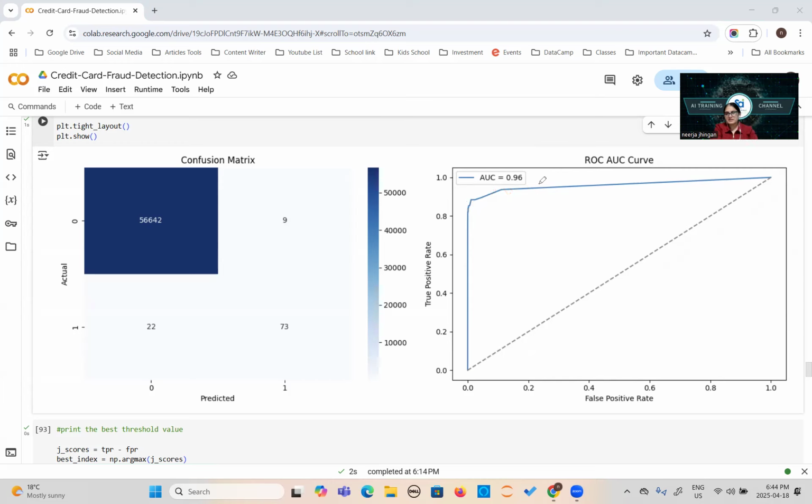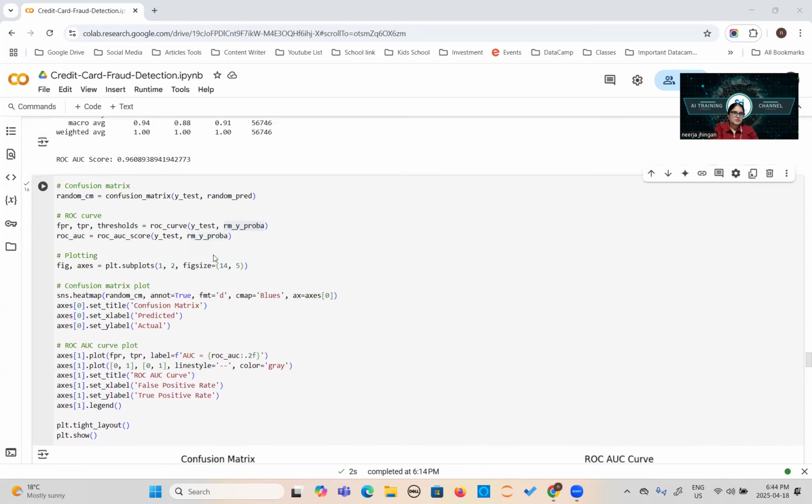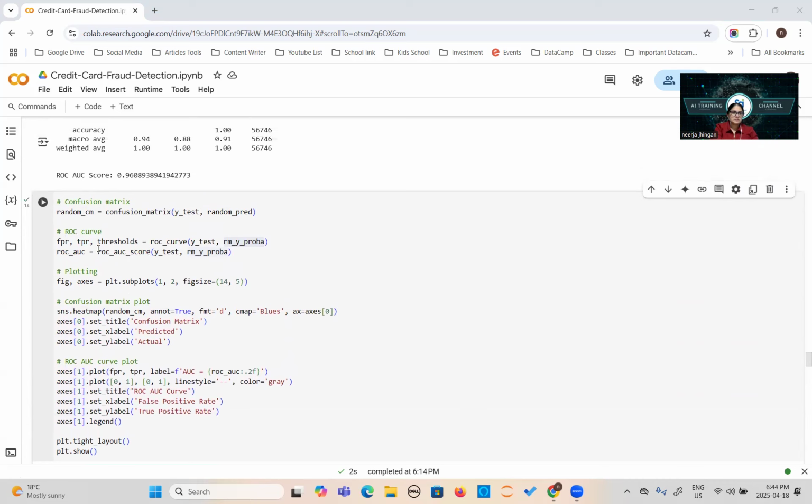The threshold is calculated automatically, and that's why we were giving the probability here. It checks the probability, the chances of true positive rate, and based on that it calculates the FPR, TPR, threshold, and then plots the graph.